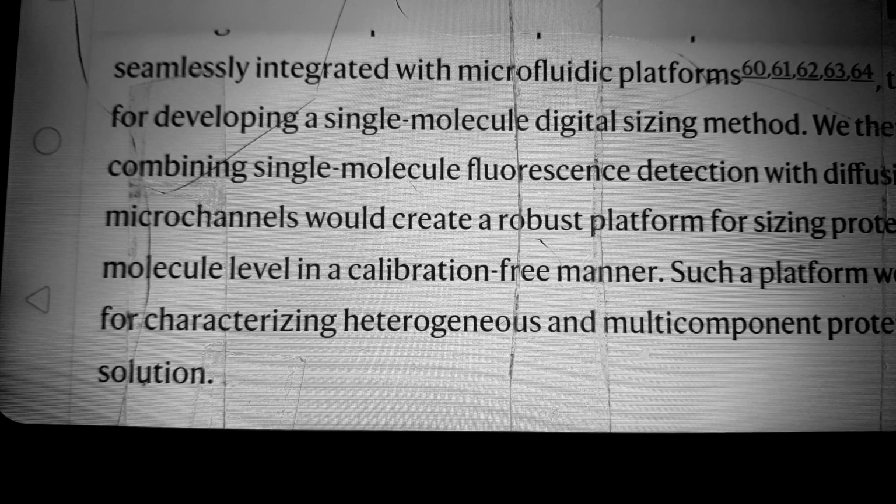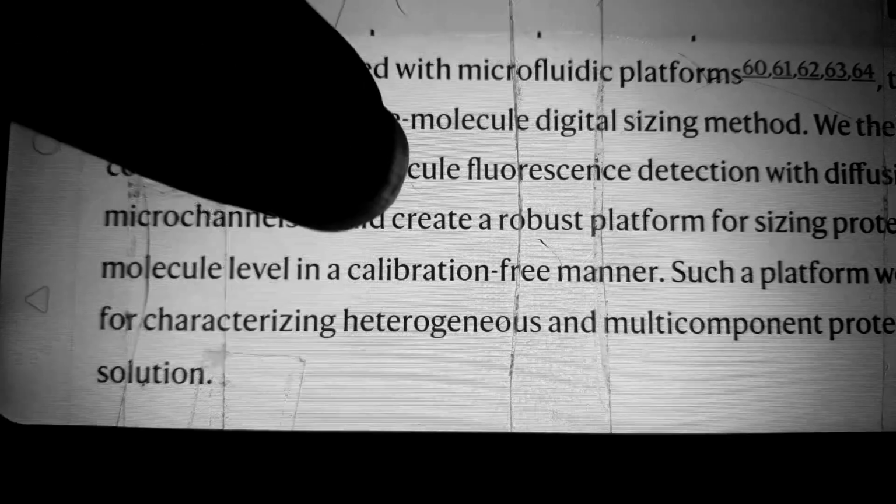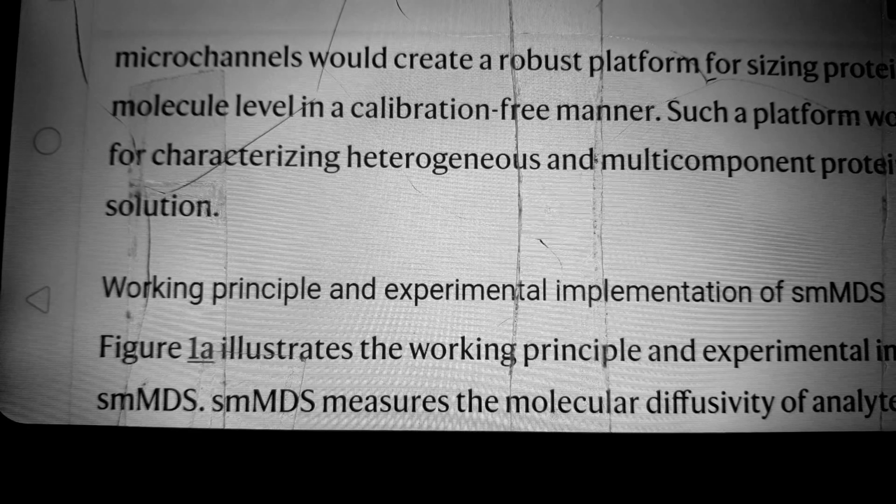Hence, it's reasoned that combining single molecule fluorescence detection with diffusivity measurements in microchannels would create a robust platform for sizing proteins at the single molecular level in a calibration-free manner. Such a platform would be ideally suited for characterizing heterogeneous and multi-component protein systems directly in solution.